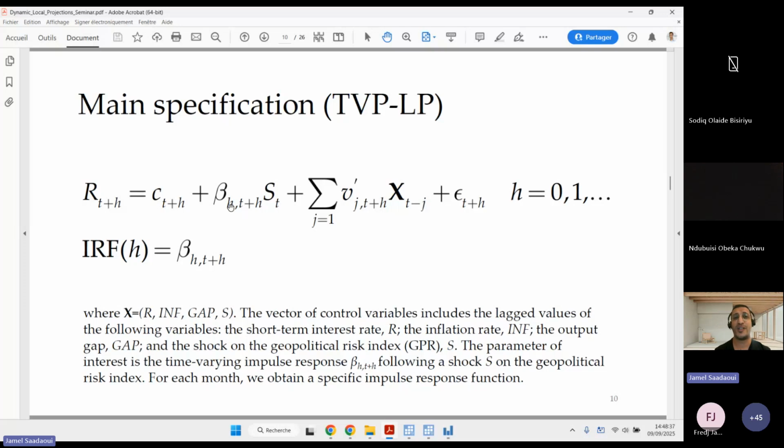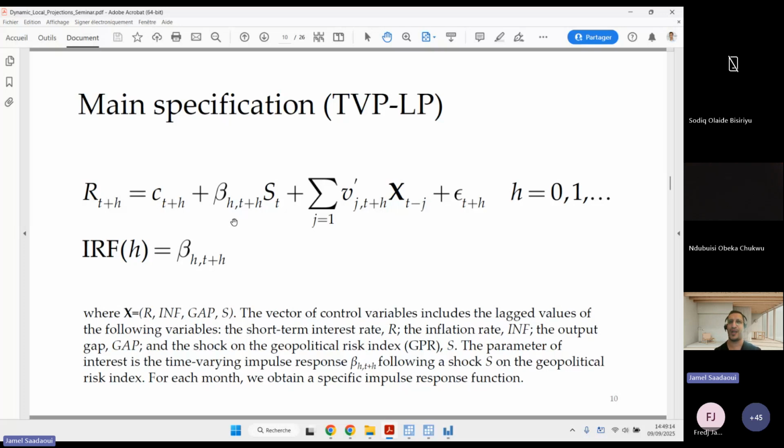And one thing that is very interesting is that you will have a different impulse response function depending on the time when the shock has been observed. I will show you that later, but you will have different impulse response functions depending on when the shock occurred.